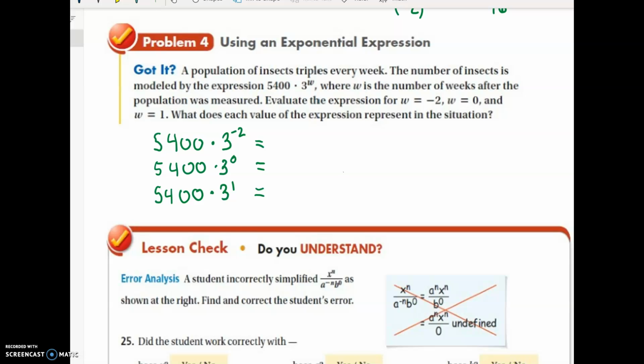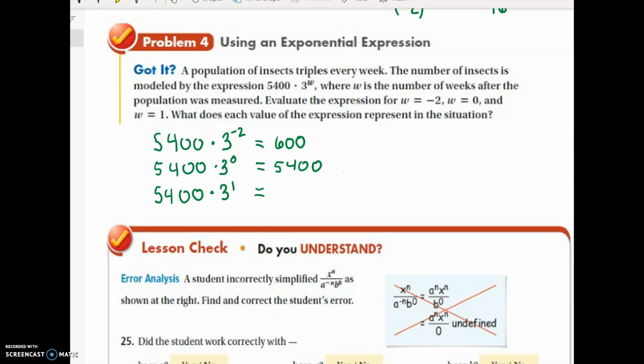So the first answer we should end up with is our population was 600. And remember, that means 2 weeks previously. When it's 0, it's just our current population, which is 5,400. And then here we're just basically multiplying by 3.